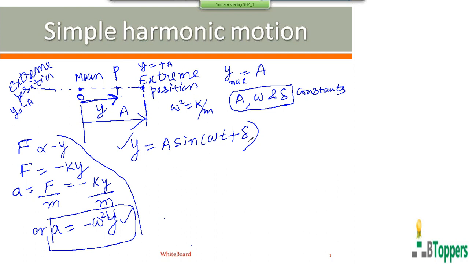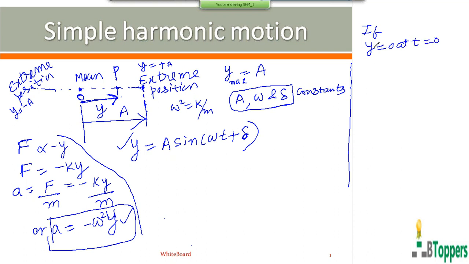The value of delta depends on the initial position of the particle or initial condition. Suppose in a particular example, we are given that the particle is initially at the mean position, y equal to 0 at t equal to 0.